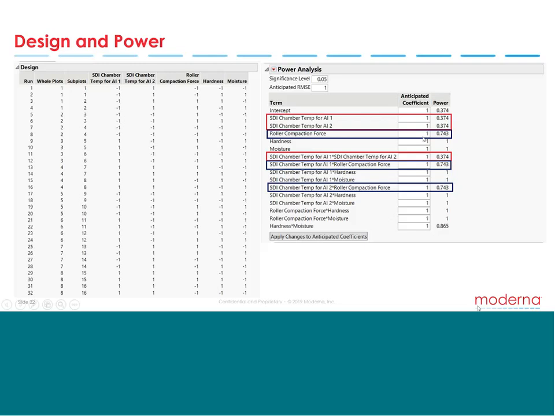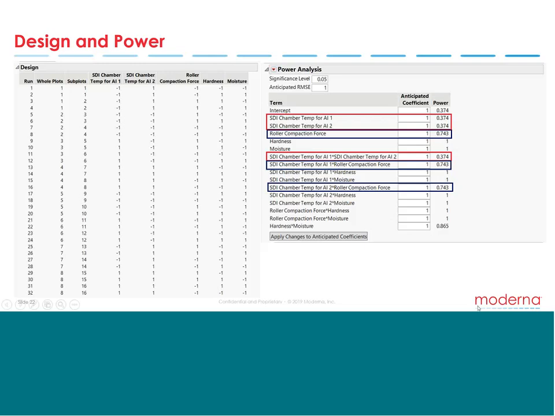Then at the second process step, or the split plot part of the design, we have the roller compaction force, and we have that crossed with both main effects from the whole plot. And you'll see that then the power increases for the split plot to 0.743 for all of these, which is better, but it's still not the best.